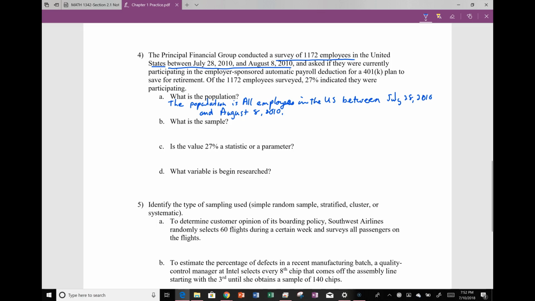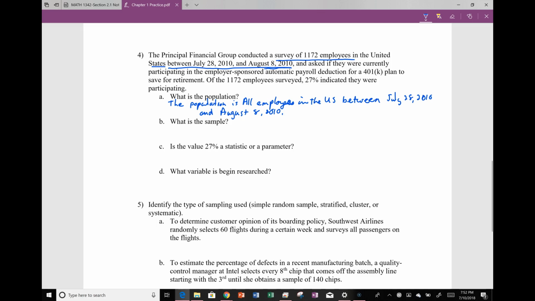And notice, it specifically said between July 28th, 2010 and August 8th of 2010. Therefore, if you quit a job and did not have another one, say you quit on July 27th, you were no longer an employee in the United States because you were not working on July 28th.